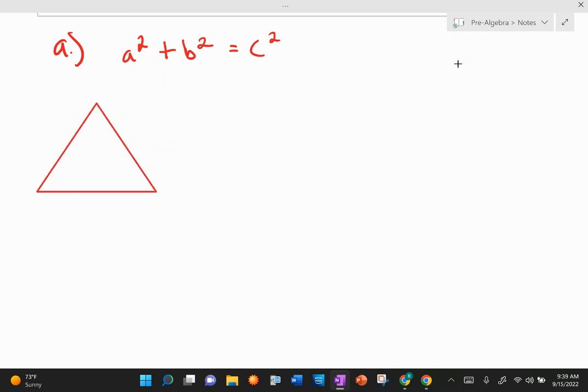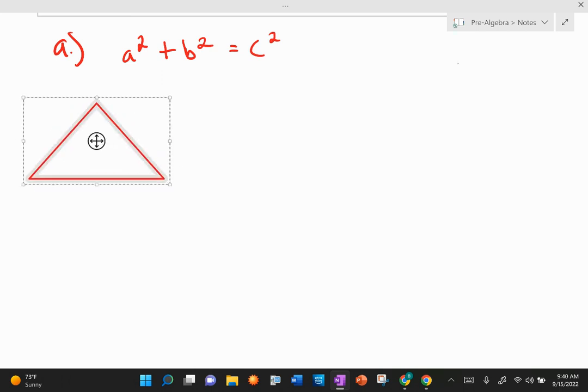Okay, so letter A. We're going to be working with finding the length of the hypotenuse using the Pythagorean theorem, which again is a squared plus b squared equals c squared. We're going to use our graph paper from here on out. So here is my triangle.